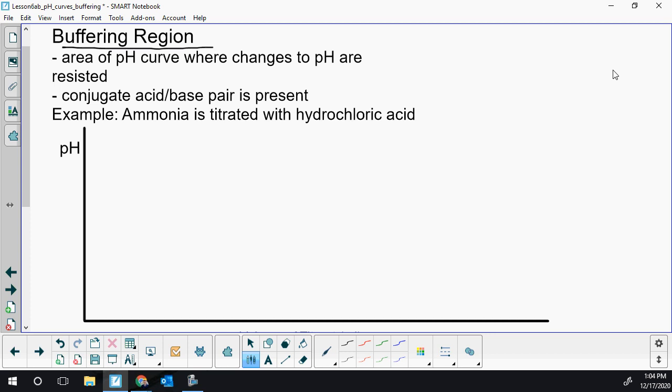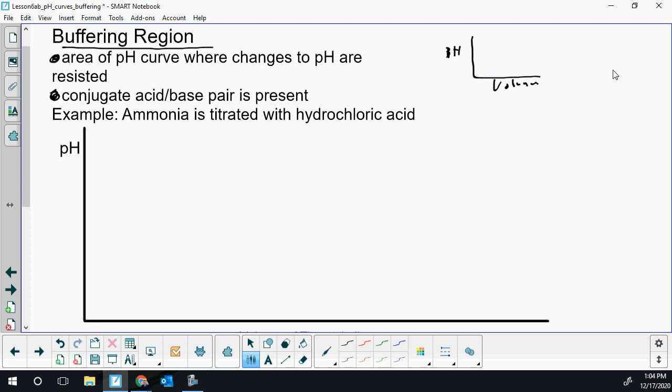So we've got 2 criteria. We have to think of what area of our pH curve resists pH change. What would that shape look like? And this is a question for students to respond to me. If we want pH to be not changing, do we want a line going up, going down, zigzagging, flat, steep?